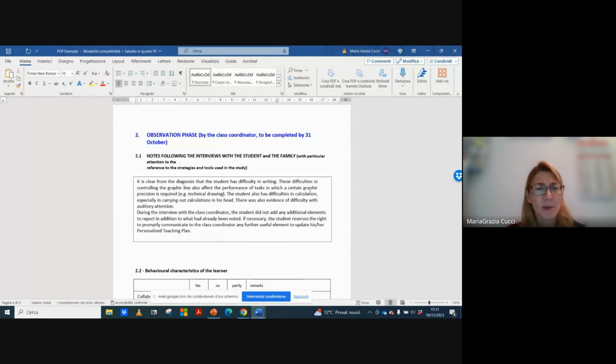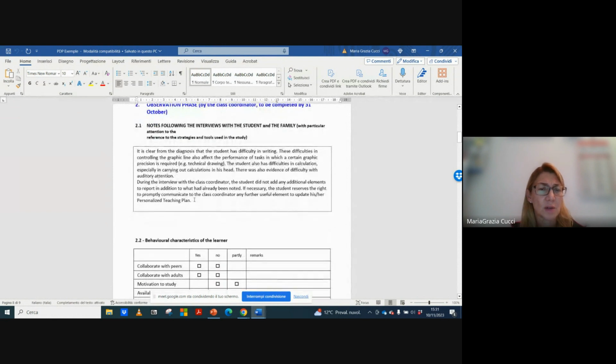It is clear from the diagnosis that the student has difficulty in writing. These difficulties in controlling the graphic line also affect the performance of tasks in which a certain graphic precision is required. The student also has difficulties in calculation, especially in carrying out calculation in his head. There was also evidence of difficulty with auditory attention.